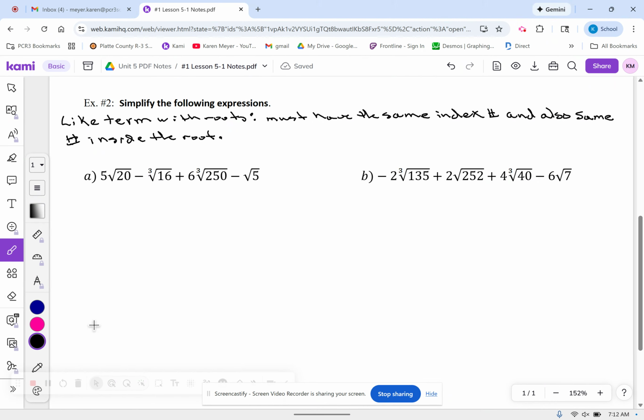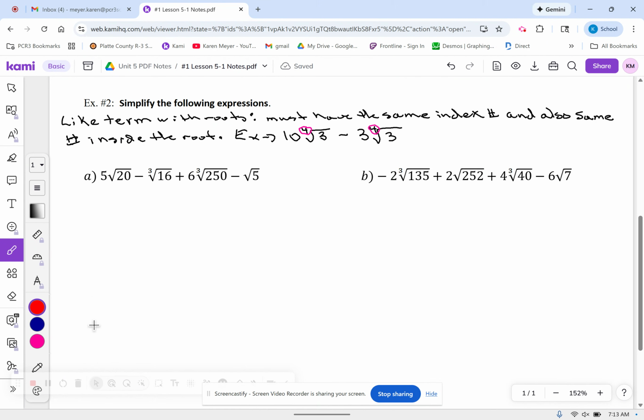So here's an example. If I have 10 4th root of 3 minus 3 4th root of 3. So the first thing you have to look at is, oh, they both say 4th root, boom.